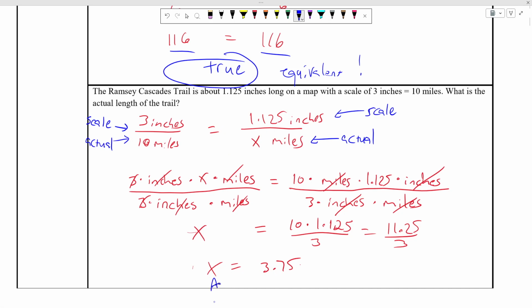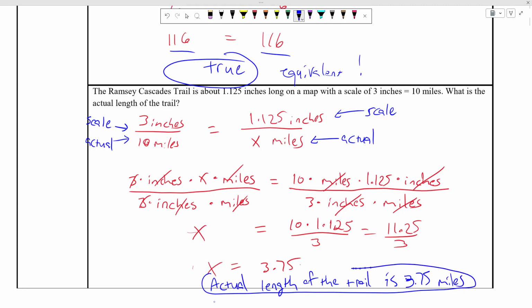So what I'm saying here is that the actual length of the trail is 3.75 miles. There we go. Actual length of the trail is 3.75 miles when I'm saying that it's 1.125 inches.